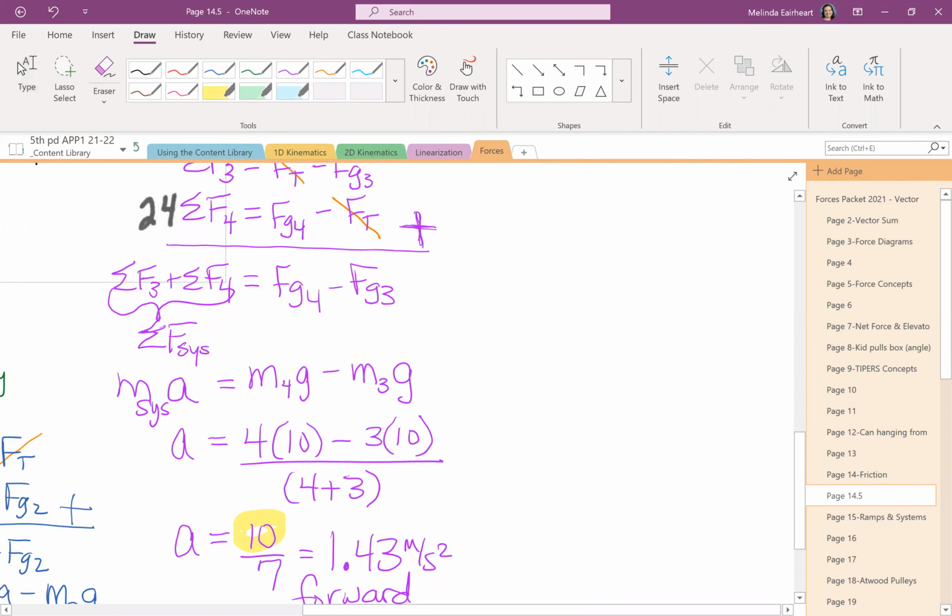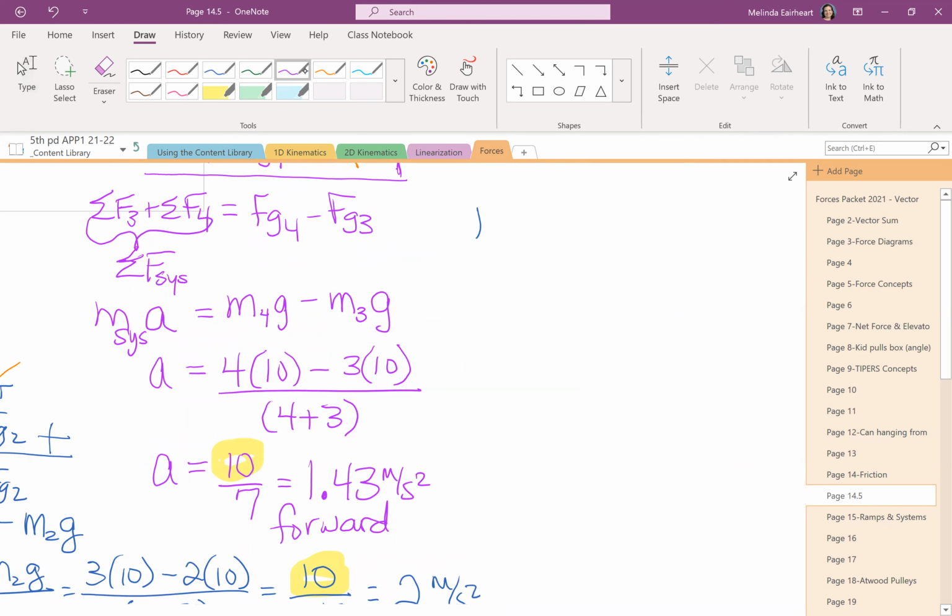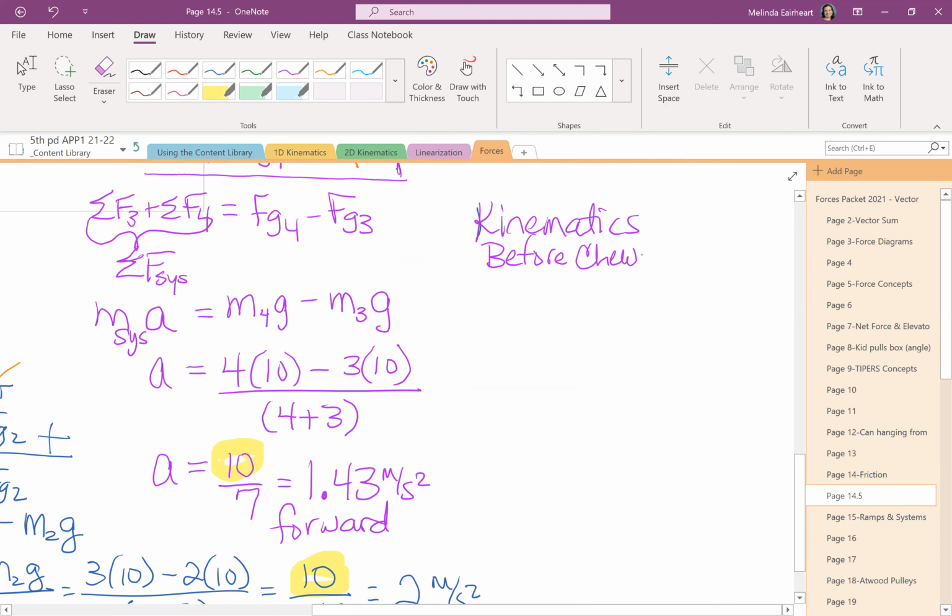And so let's do a little kinematics. Let me switch back to purple. Kinematics of segment 1 before the chew. And so we know it started from rest. We know the original acceleration.